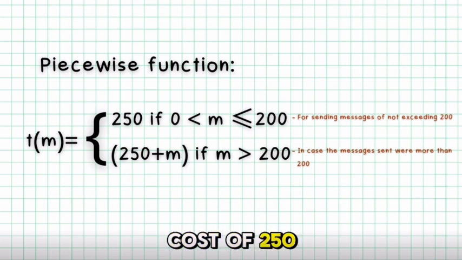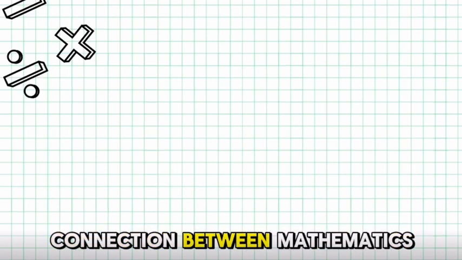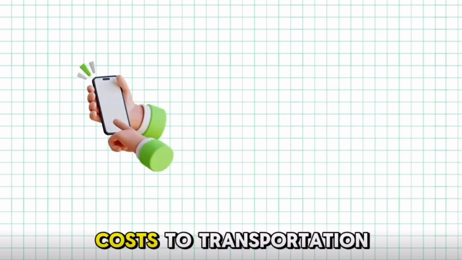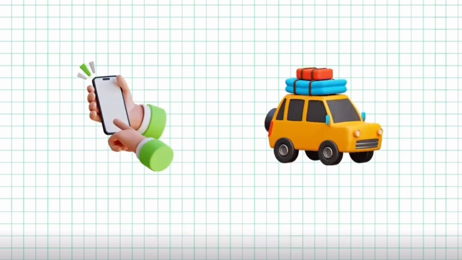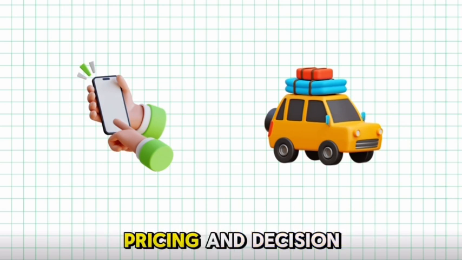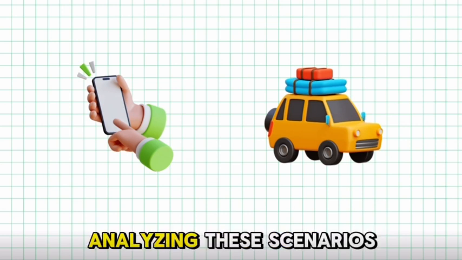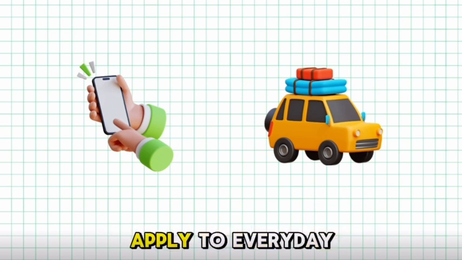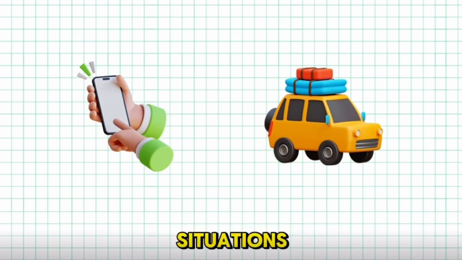Overall, learning about piecewise functions highlights the strong connection between mathematics and real life. From mobile plan costs to transportation fees, different conditions affect pricing and decision-making. Analyzing these scenarios helps us understand how mathematical models apply to everyday situations.